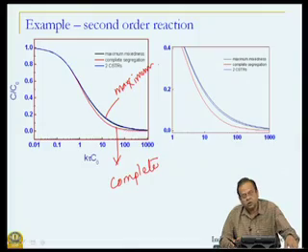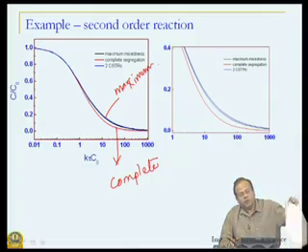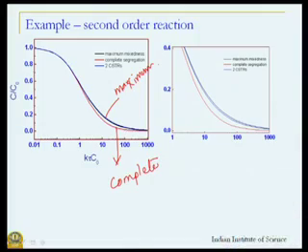With this we will come to the end of our discussion on non-ideal flow and reactor performance. We had only a brief discussion for want of time, but what essentially we saw was how residence time determines the performance of a reactor. What is residence time?